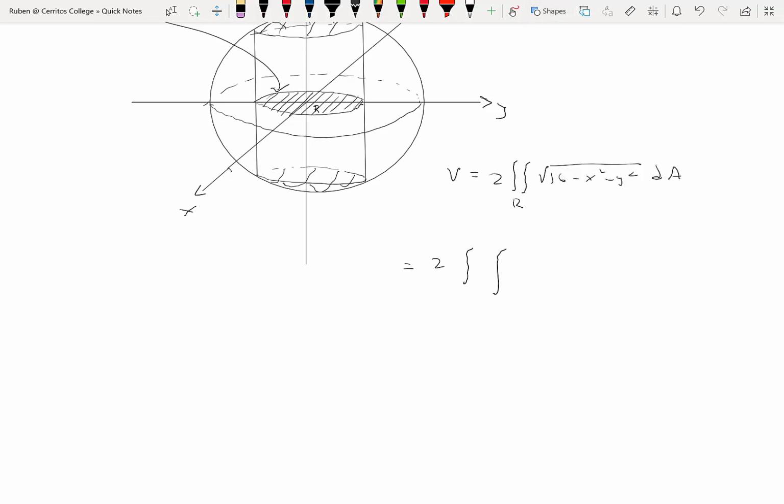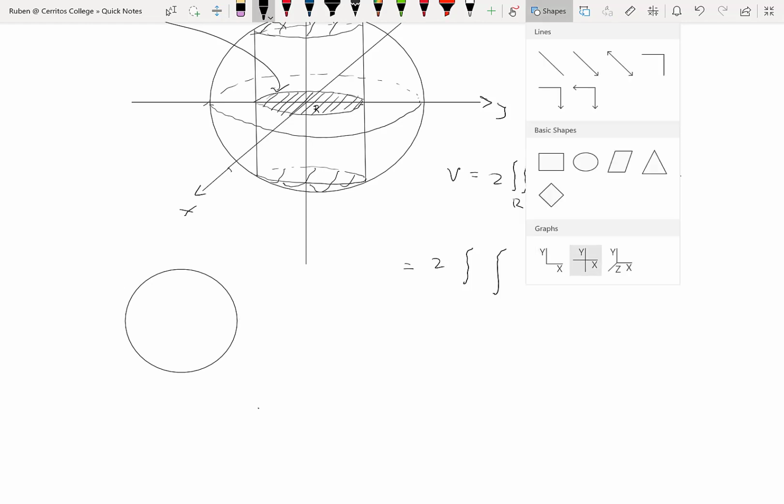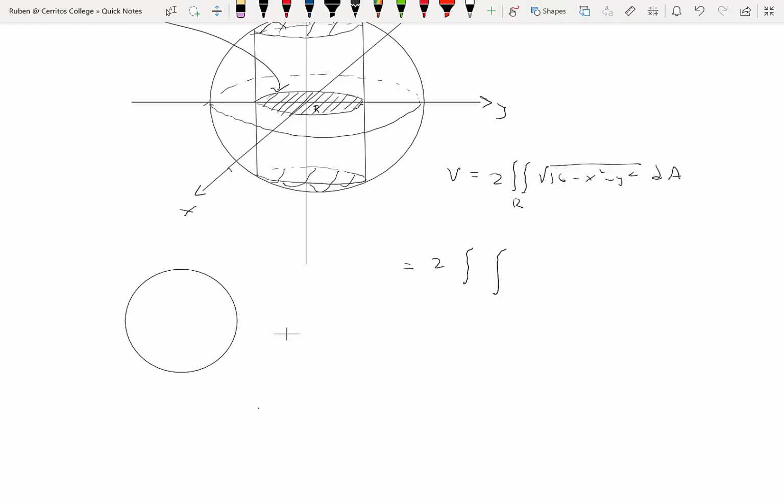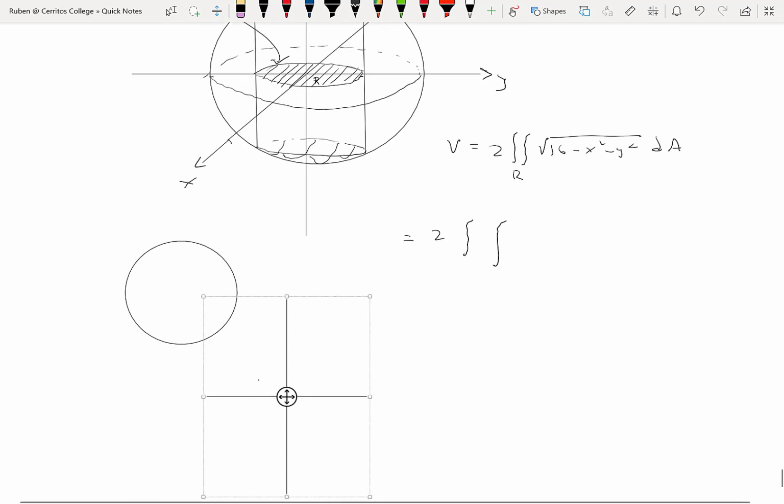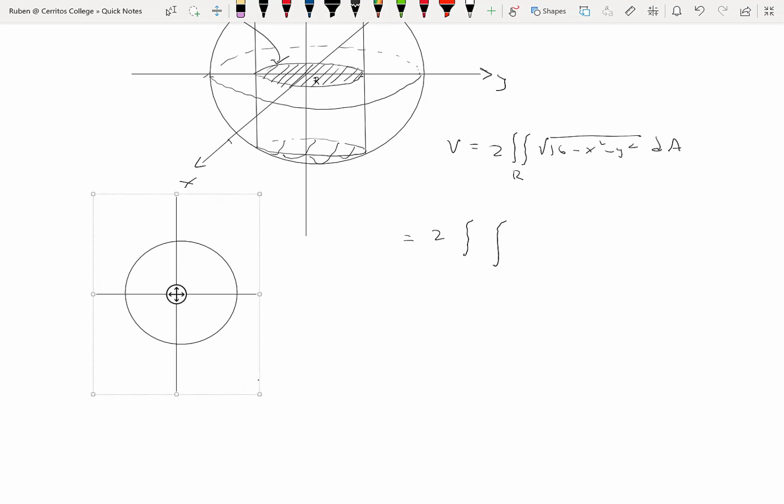The iterated integral takes place over a circle of radius 1 centered in the XY plane. So here is R placed in the XY plane.